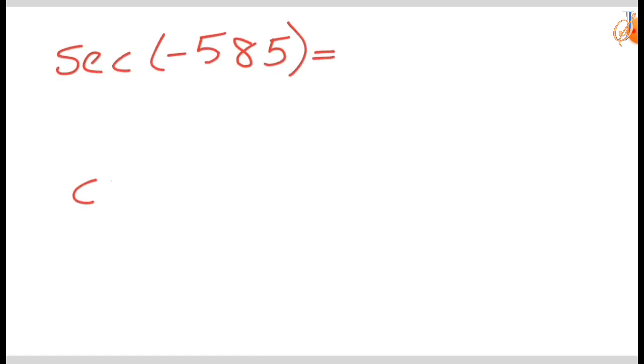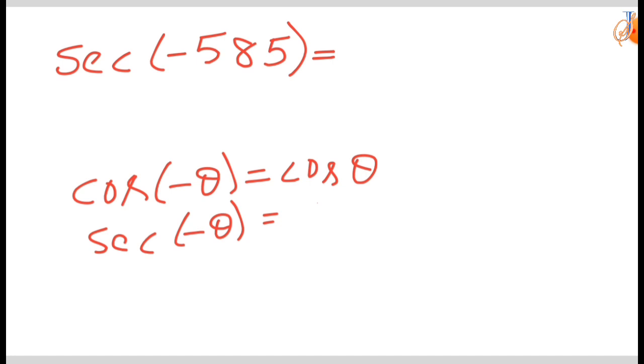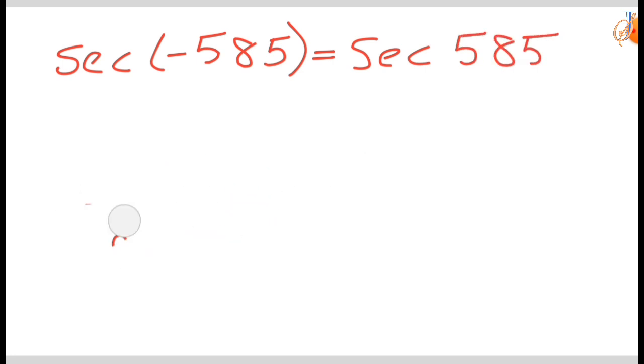Let's take one more example. Secant of minus 585. And we know that cos of minus theta is cos theta. Secant of minus theta is positive secant theta. So that's why here we write secant of minus 585 as secant of 585 degrees.